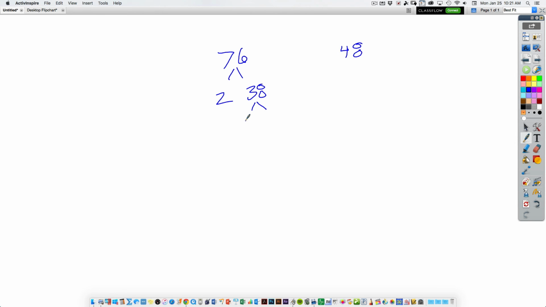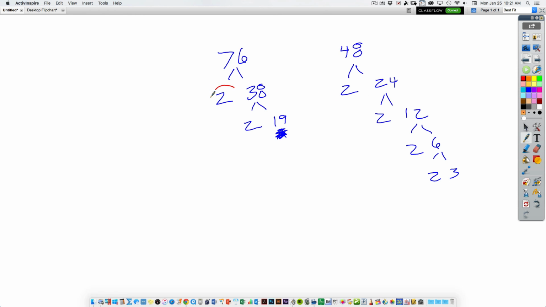And then I just factor them all the way down. 2 times 19. And 19 is a prime number, so that's as far as I can go. And I have 2 times 24. 2 times 12. 2 times 6, and 2 times 3.